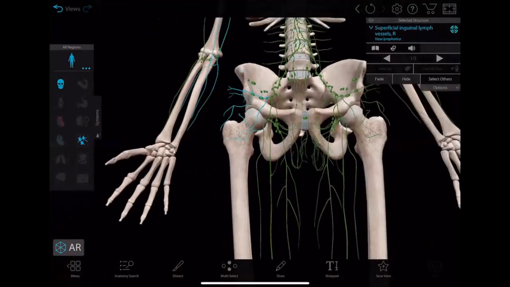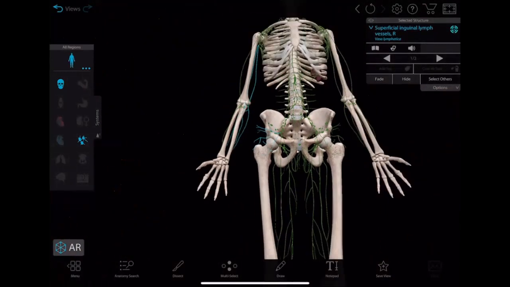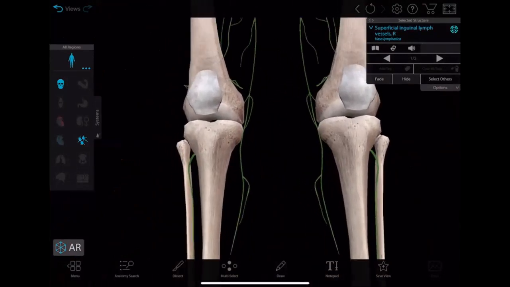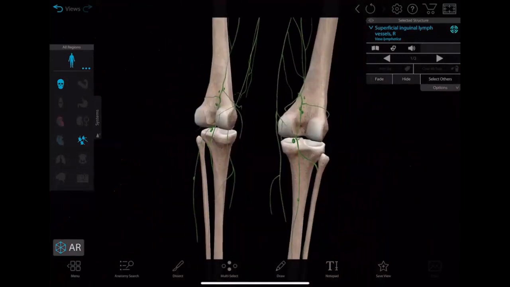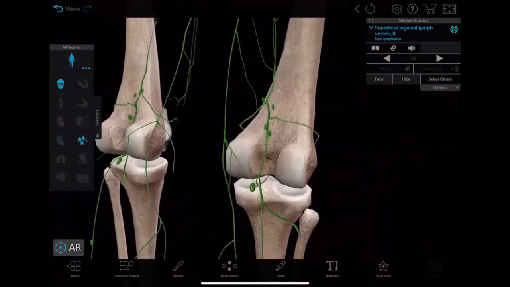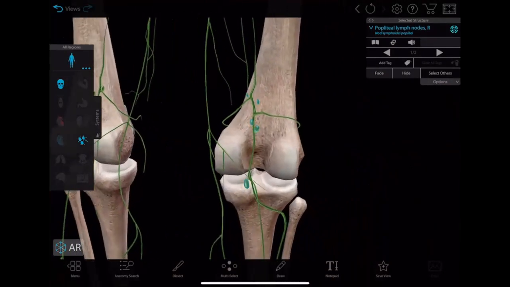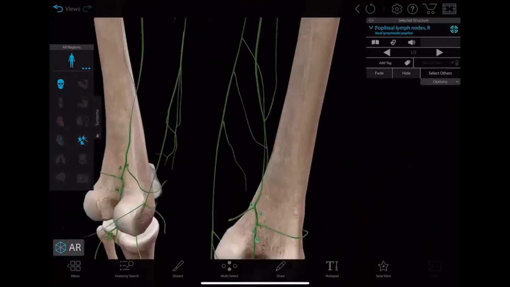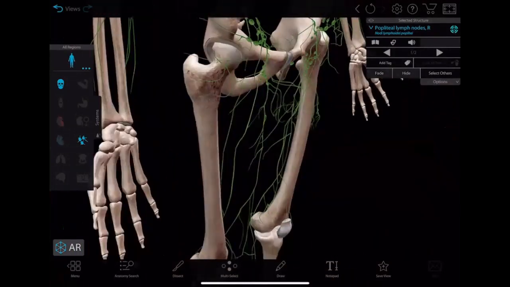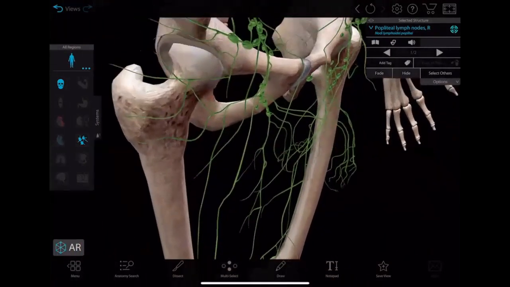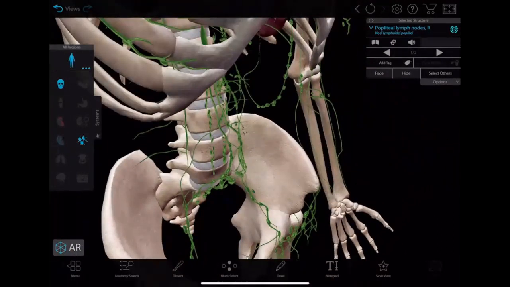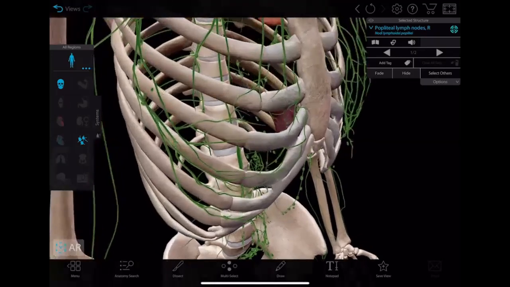So this is the whole lymphatic system of the lower limb. Okay, right? So if you see, these are the popliteal lymph nodes, right? Popliteal lymph nodes receiving from the leg. So you see the lymphatics going all the way to the deep lymph nodes, right? So these are the lymph nodes. These are the external iliac, and all of them are commencing into the thoracic duct.